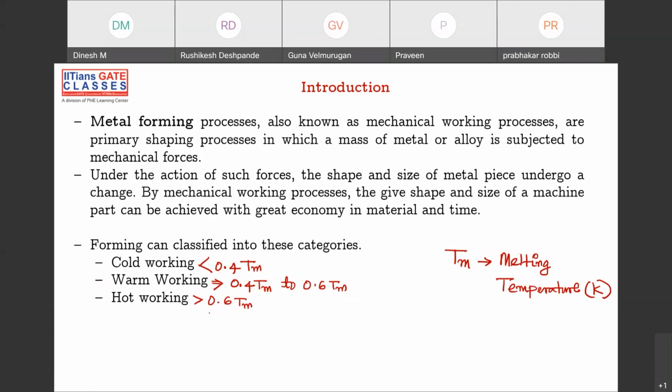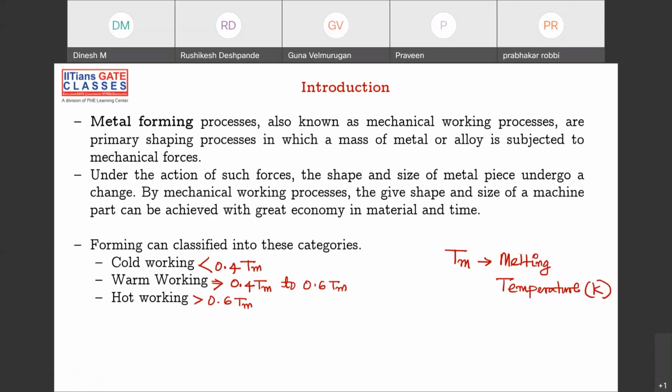And if you are doing your forming above 60% of the melting point of the material, then it is called hot working. Obviously, you are not melting it. You don't want to melt it. This 60% means it is still a solid which is softer because of high temperature, right? So if you have a very hard material and you want to change its shape, you have to apply lots and lots of force.